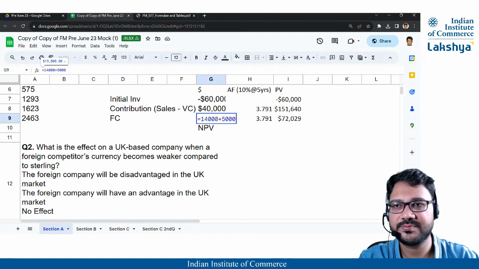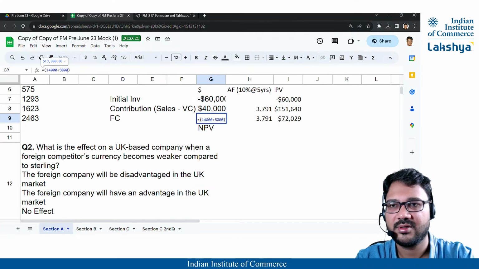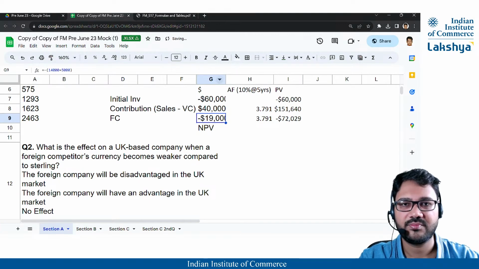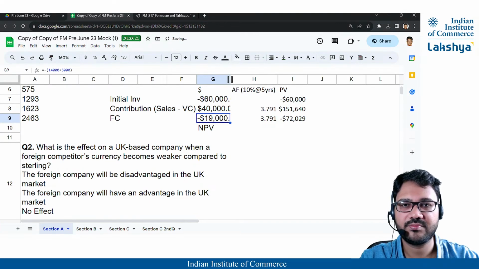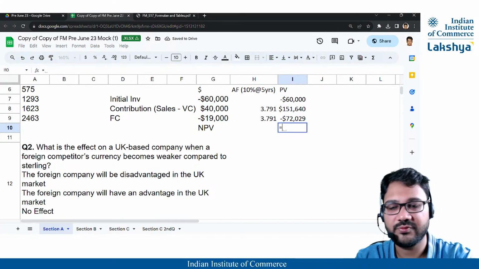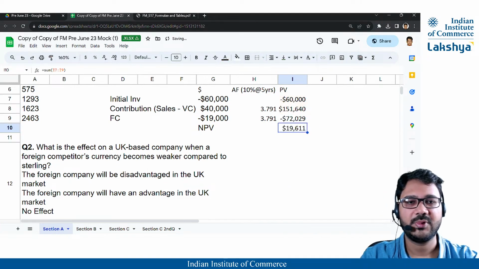Contribution is an inflow. Okay. This is an outflow. Okay. So now we can just add all of them. So 19,611 is the NPV.